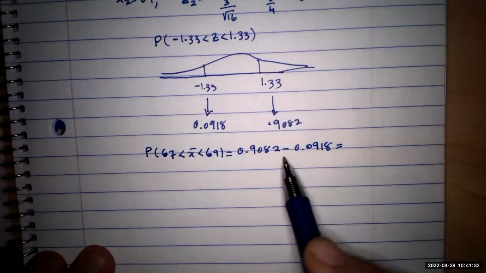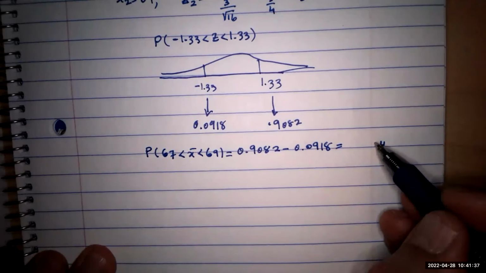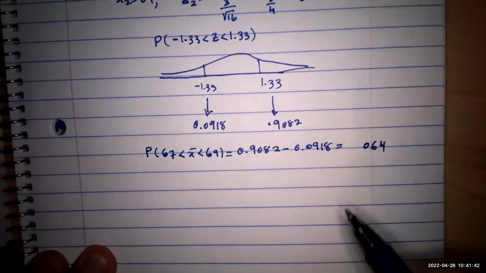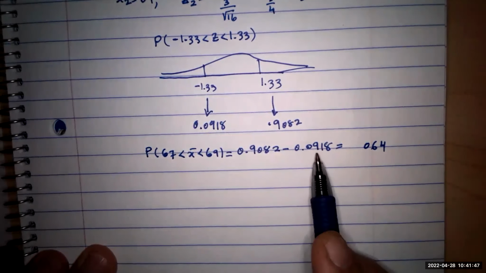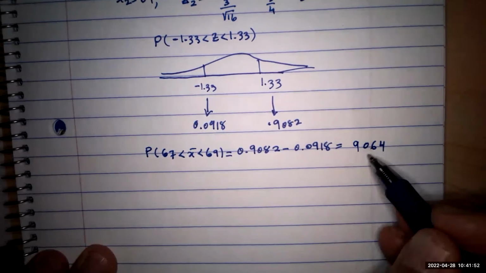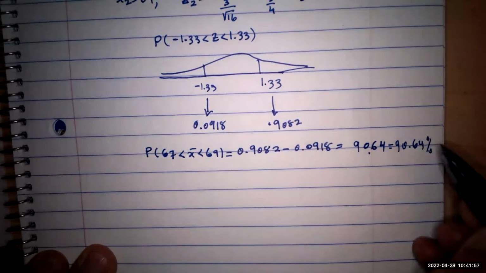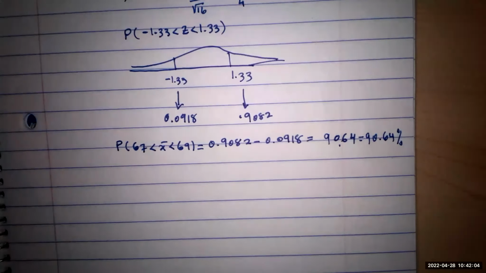And you subtract, so that gives you 4, and that would be 6, and this would be nothing, and this would be 9. I think that's true. So it's going to be a very large percentage, 90.60. Okay. So this is the case that we're going to have.